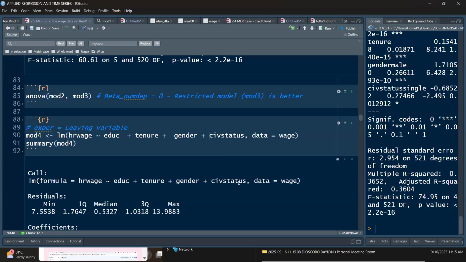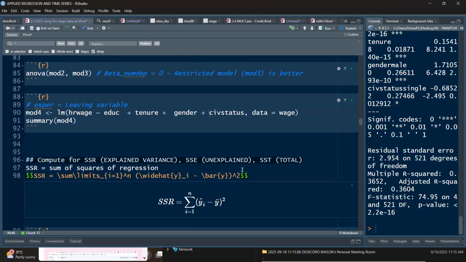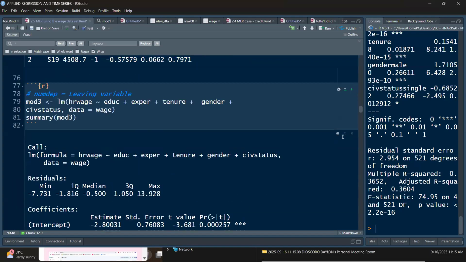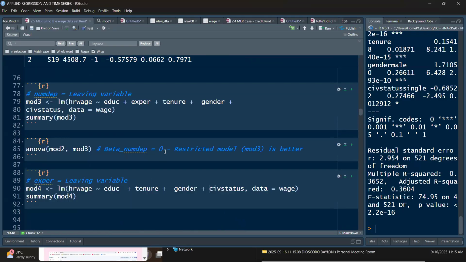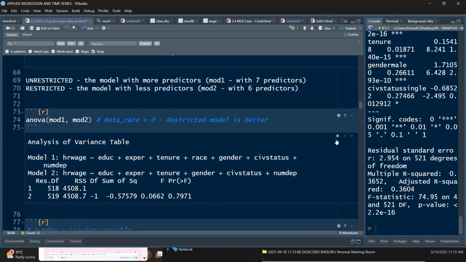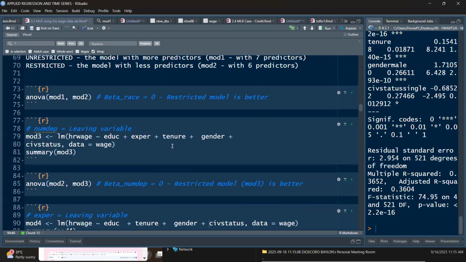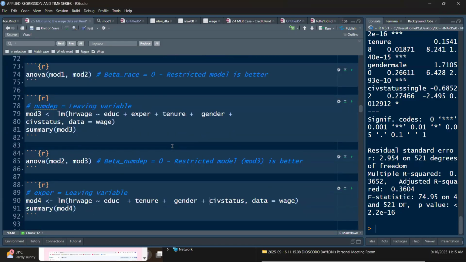Let me remove the outputs so that you can see the codes. Okay, thank you.